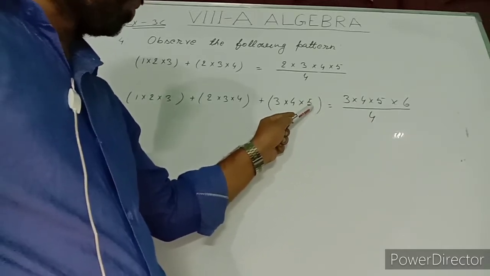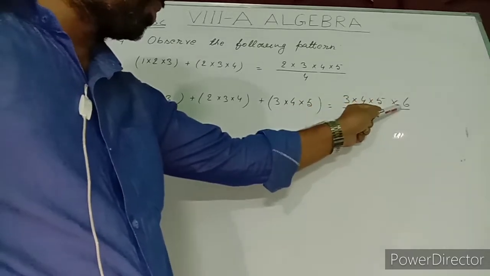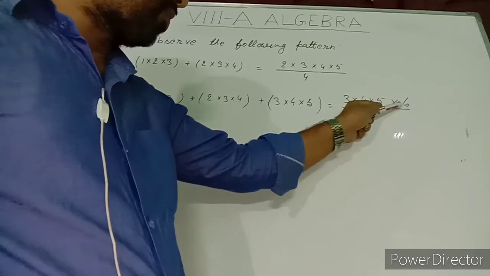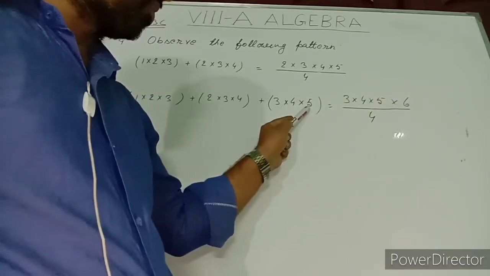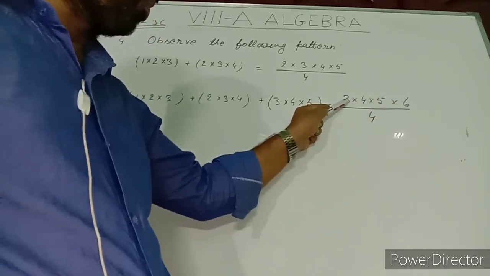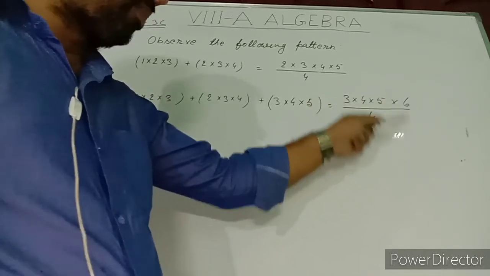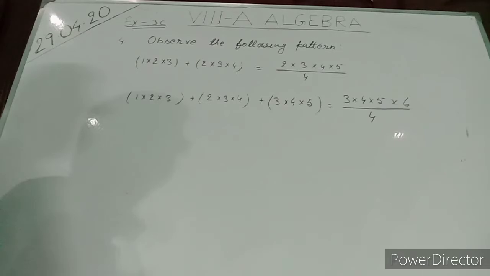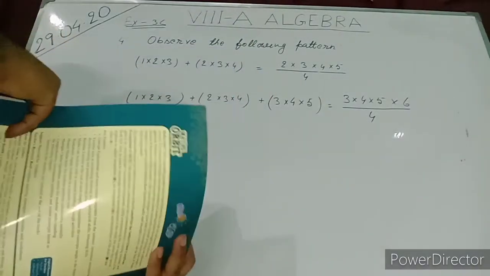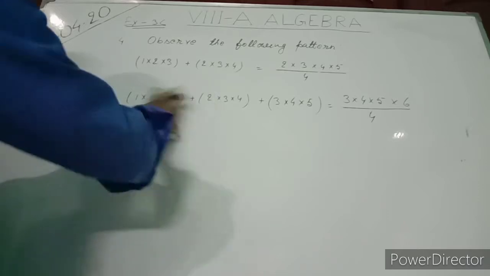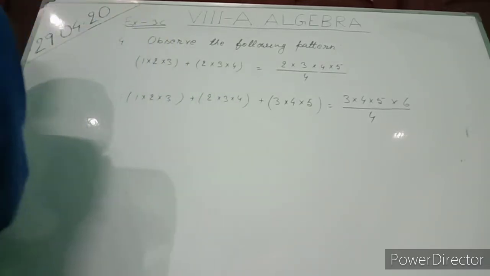Here is 5, so the next number will be 6. This 3 came as the same, but the last will be one more than this, and this 4 came from here. How many are there? 1, 2, 3, 4. This 4 came from there. This is the pattern. Now in the question what is asked, let it remain.